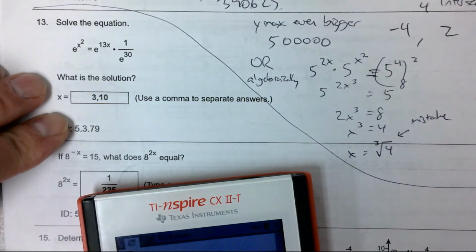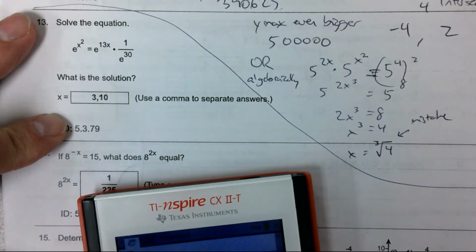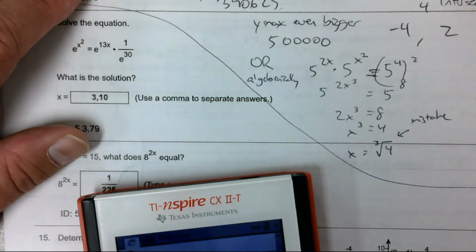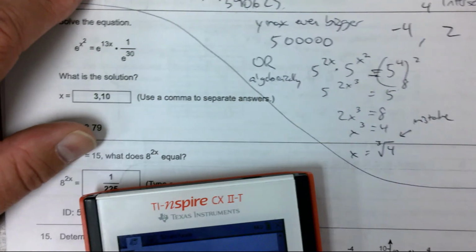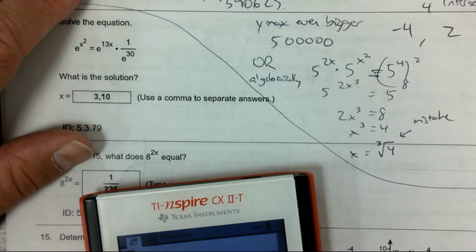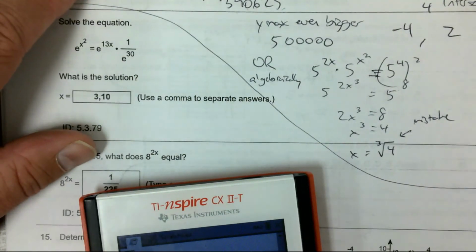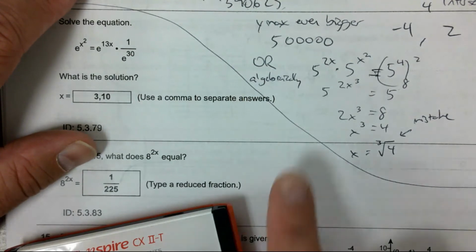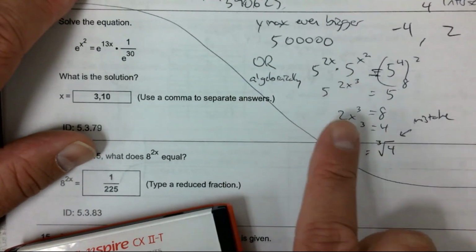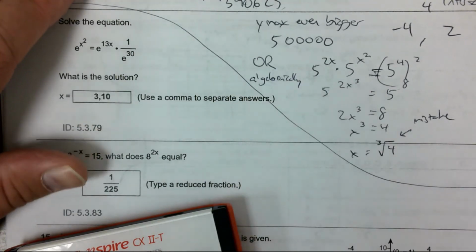I think I just figured out my mistake. That's all right. I'm probably overthinking it. Because if I have 5 squared here and 5 there, that's going to be 25. That's probably my mistake.